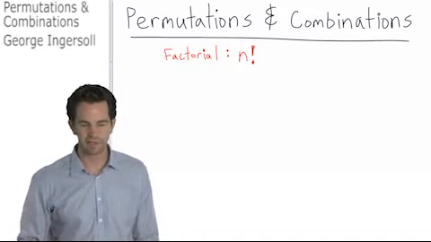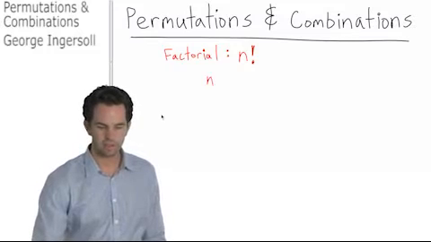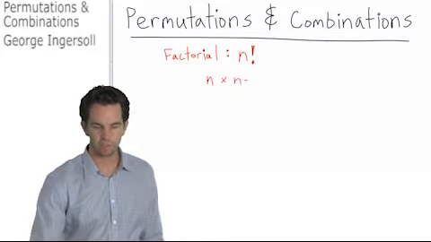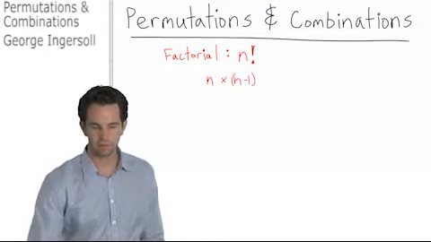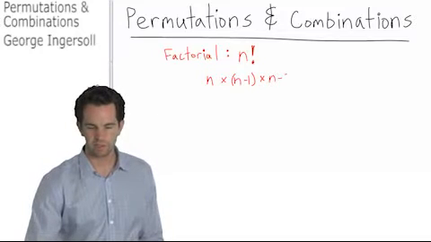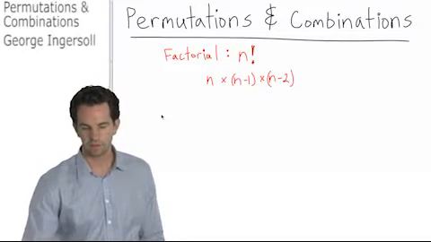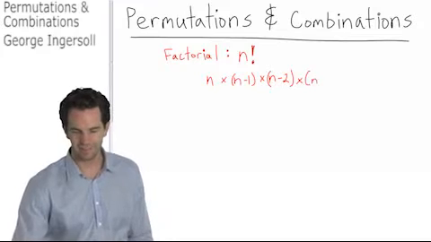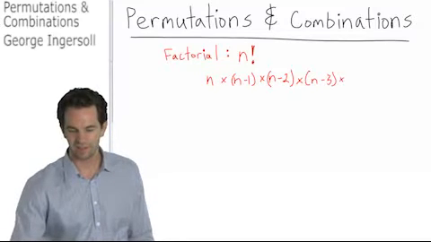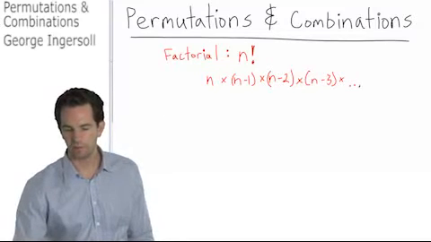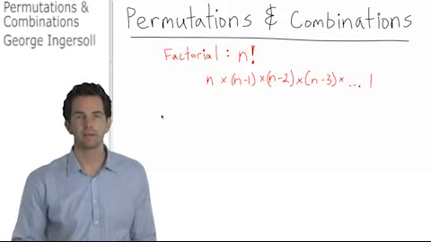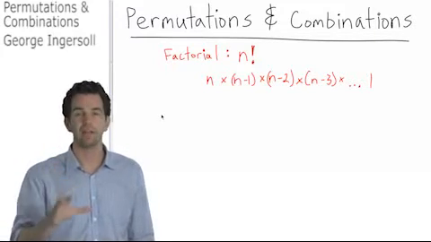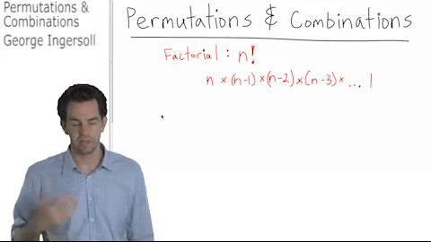It is defined as n times n minus 1 times n minus 2 times n minus 3 until we get all the way down to 1. That is the definition of n factorial, and it's written as this exclamation point.